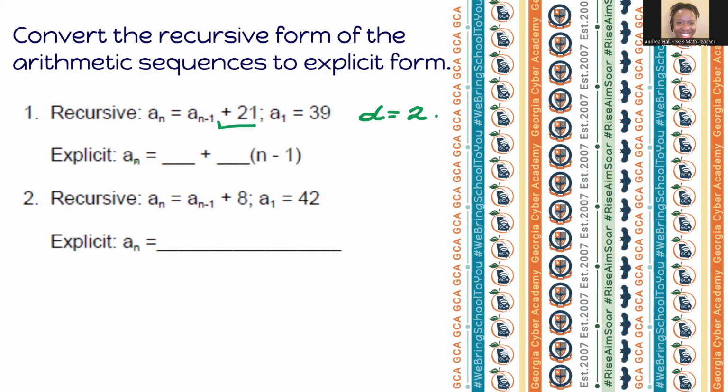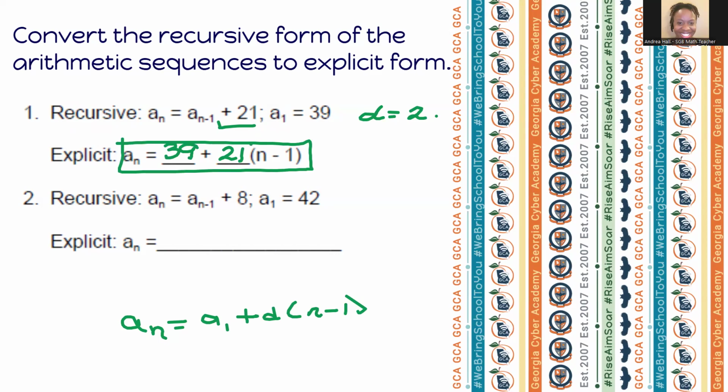So remember, explicit form is a sub n equals a sub 1 plus d, parentheses, n minus 1. So a sub 1 is 39 because they gave it to us. The d is 21. And that's the explicit form of that recursive.